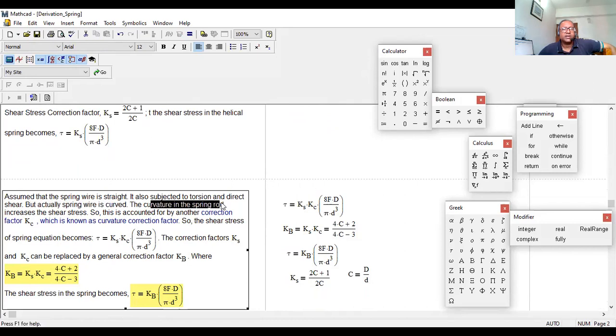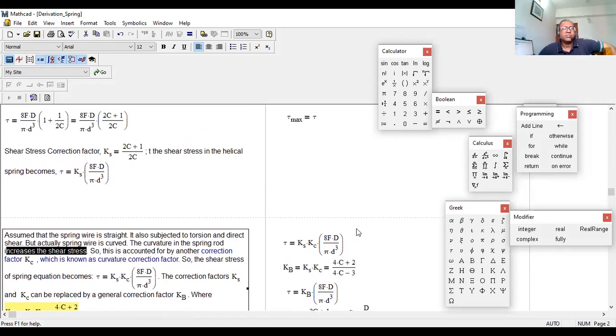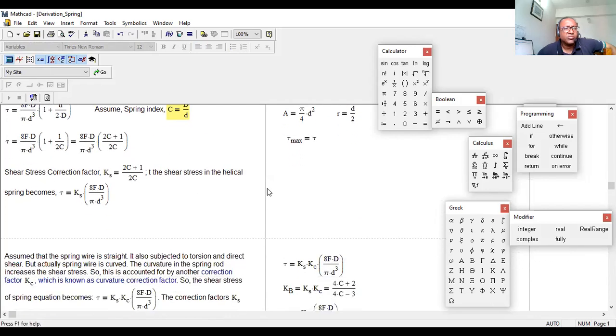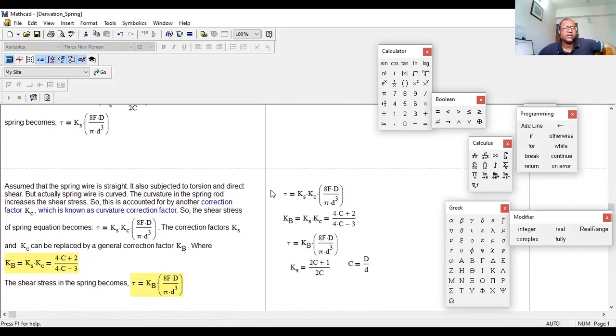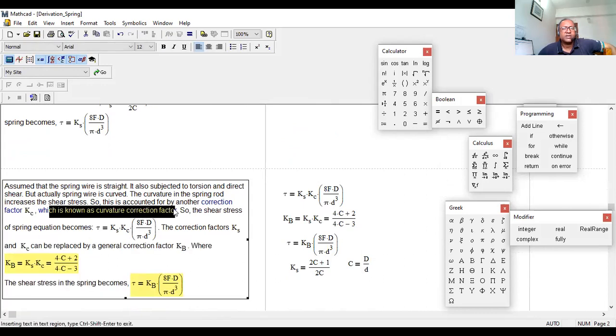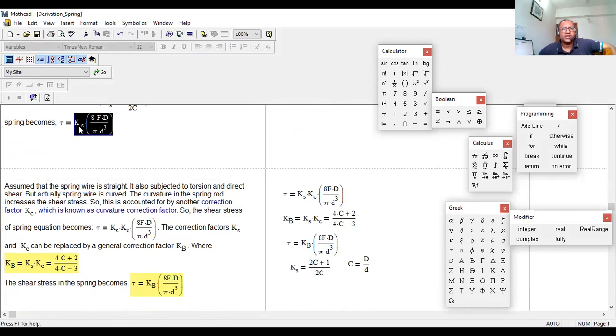So due to the curvature, shear stress will increase compared to applying the formula tau equals TR by J. So we need to multiply by some constant. This is accounted for by another correction factor, Kc, which is known as the curvature correction factor. So this is our formula, and we multiply this formula by Kc. So this is the formula for the spring.